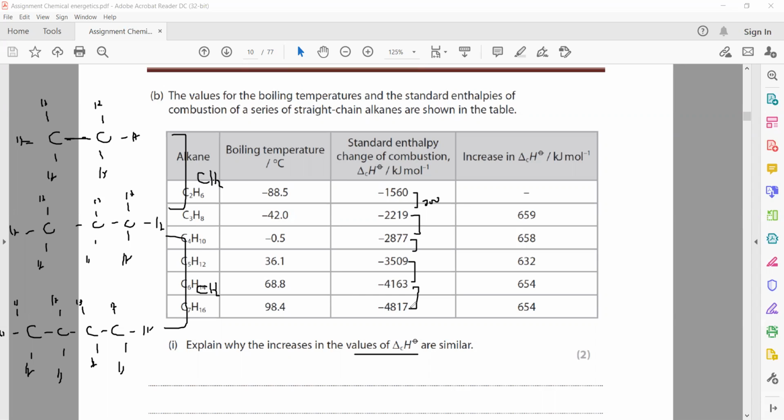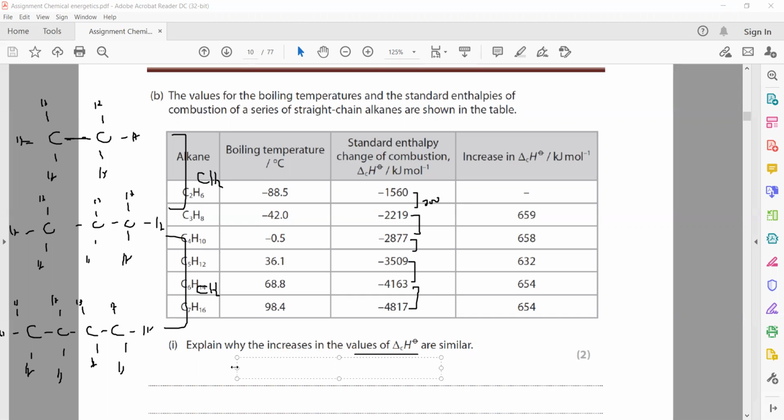It's not exactly the same. Each alkane differs from the next by CH2, with the same number of carbon-carbon bonds and the same number of carbon-hydrogen bonds. They form a homologous series with the general formula CnH2n+2. So the answer: why is there a similarity?